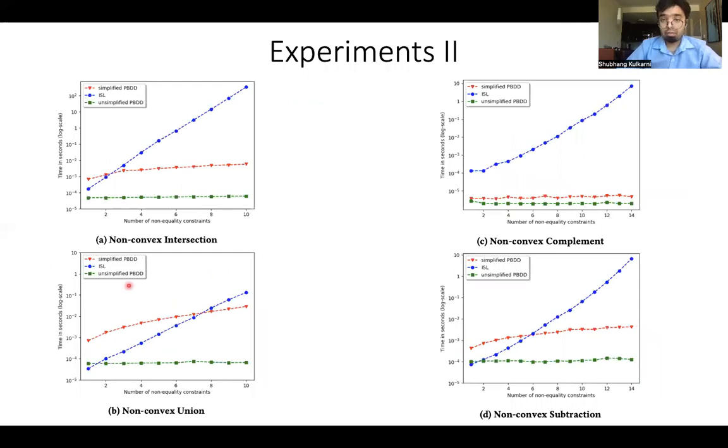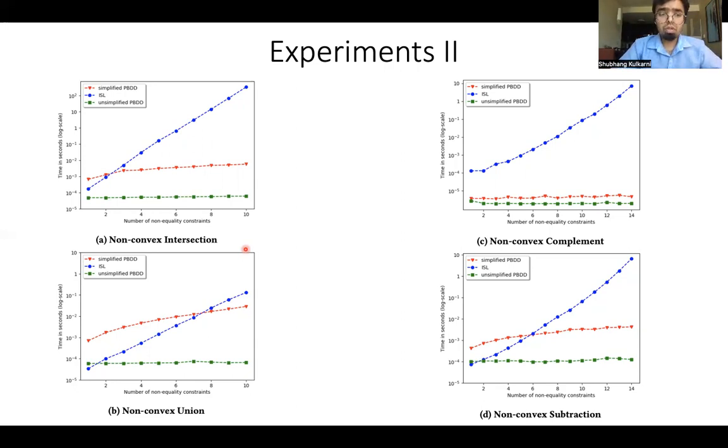The second type of experiments that I would like to emphasize are the simple set operations. So we've already seen the algorithmic procedures behind intersection, union, and complement. To drive home the point that the PBDD representations actually have an advantage over the ISL representations, we also look at these operations on our motivating example.